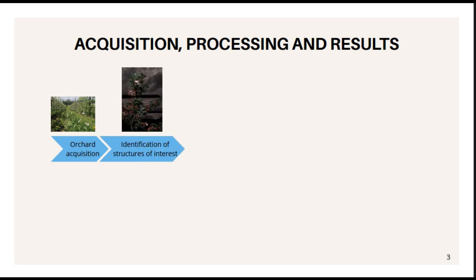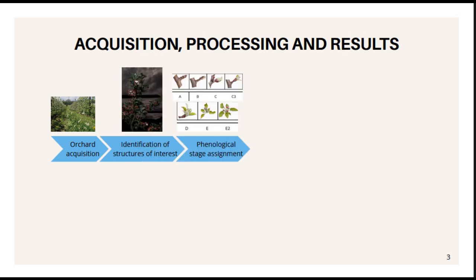So first, let's put some context for the project by viewing how it works more precisely. The machine first acquires data directly in the ORCUD and then identifies the structures of interest, which are then assigned to a phenological stage.